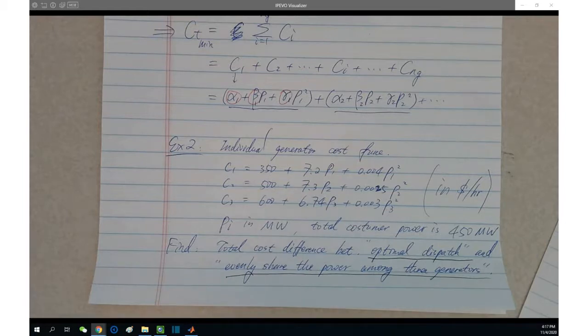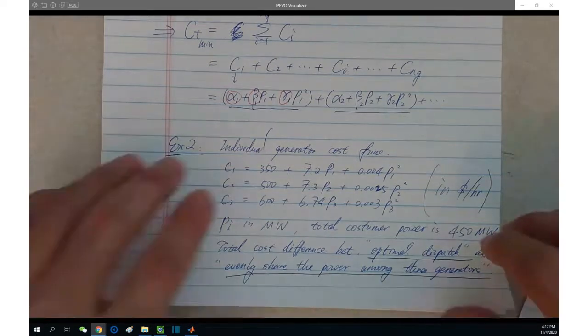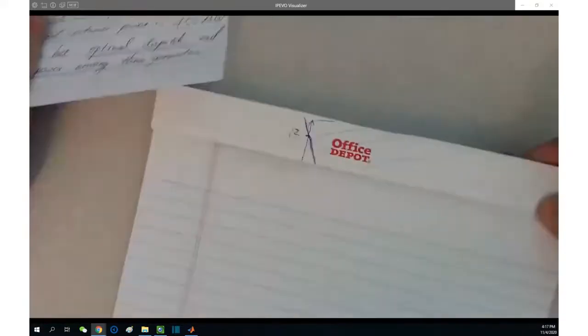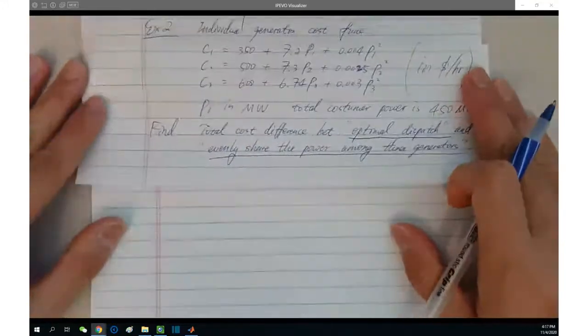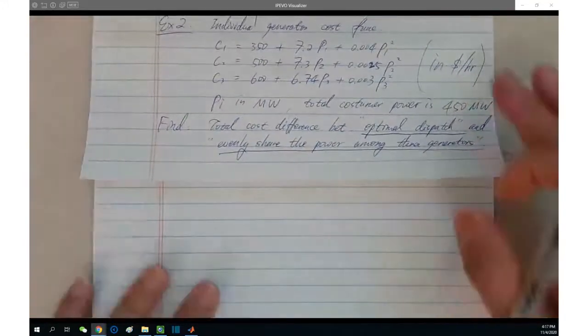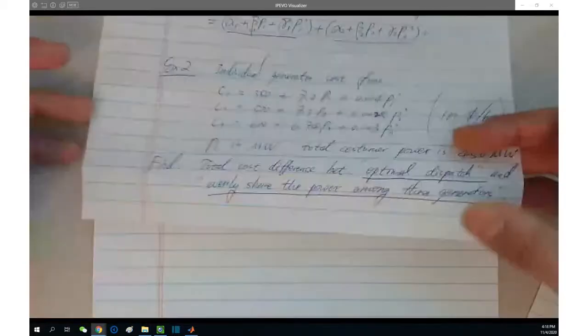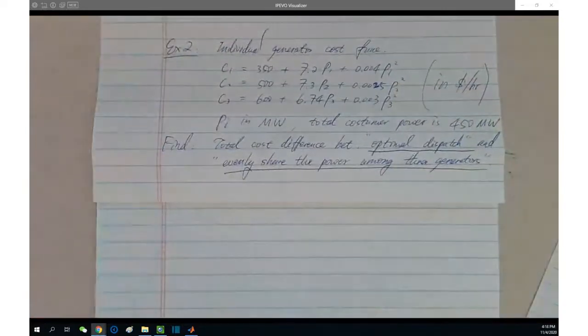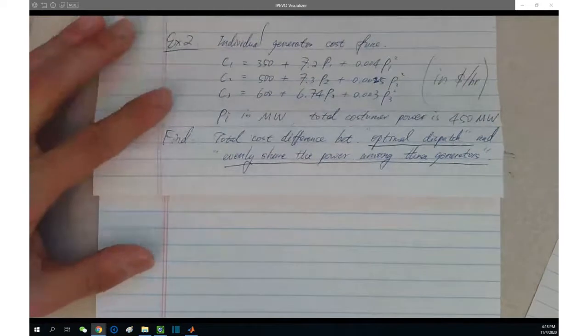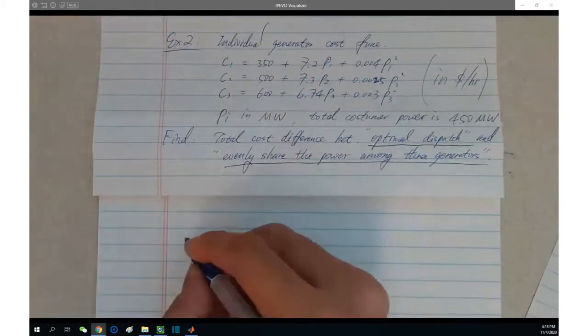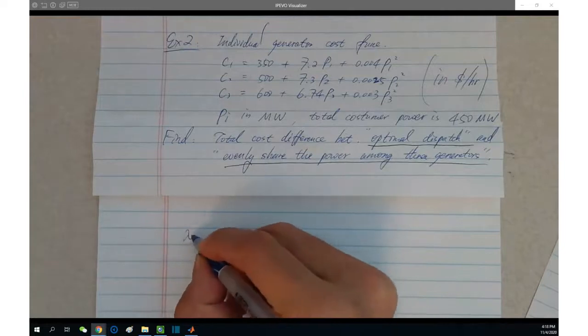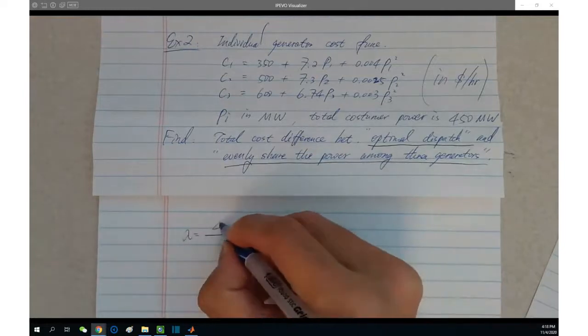You got them right. So as I said, the lambda first of all equals 50.